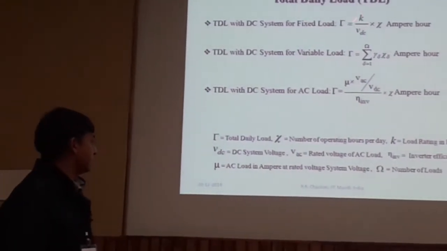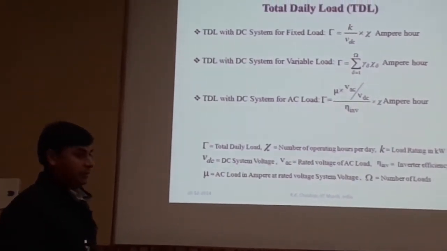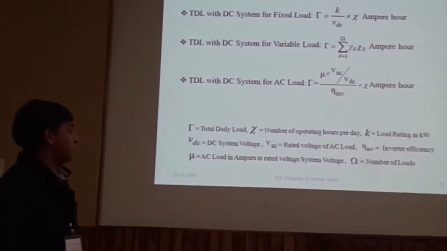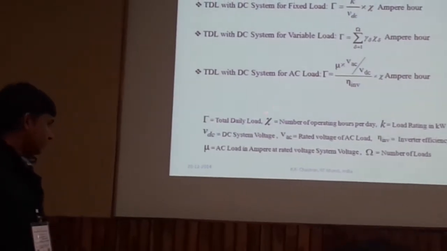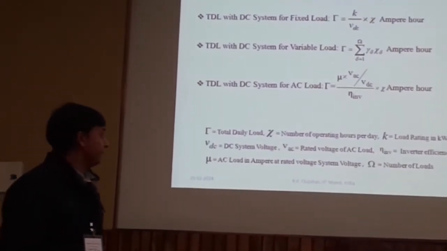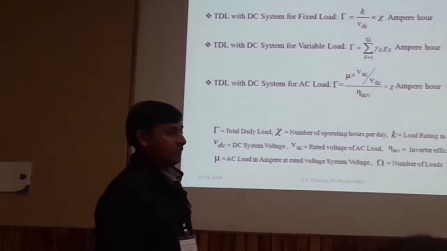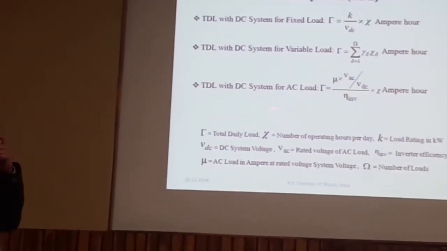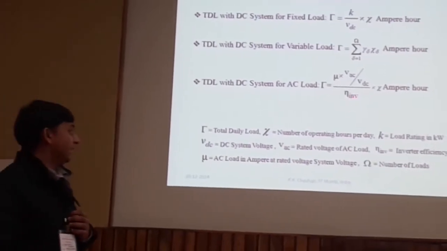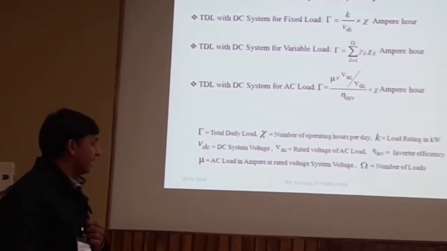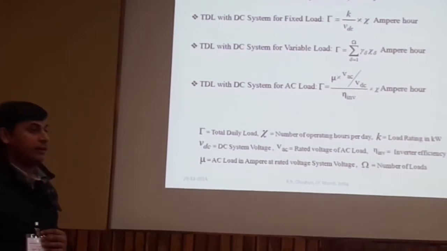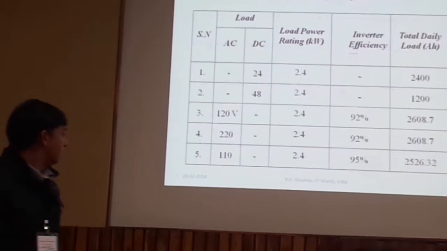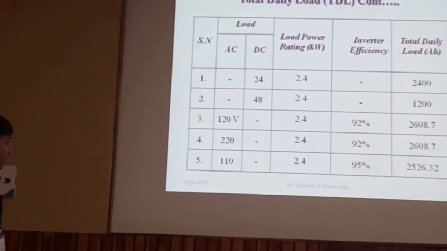Here is the power rating of a DC load, then the standard voltage of a particular DC distribution system, and the number of operating hours in a day. If we have a variable load, sometimes on and off, then we can go for this. And if we have an AC distribution system, then the inverter efficiency and the voltage of the system affect the supply hours of the battery bank. So these are the calculations I pointed out.